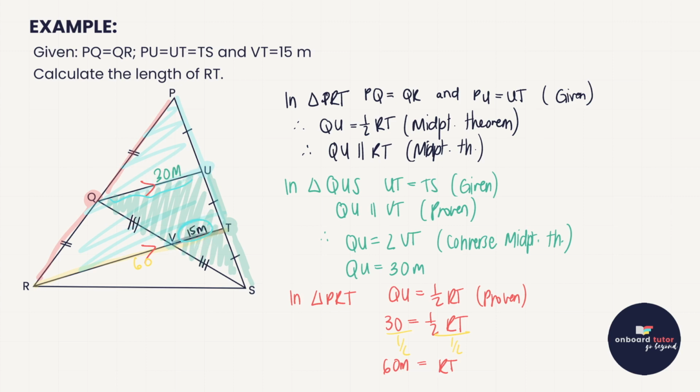VT was half as long as QU. So the key is to just keep looking for midpoints. There's a reason why they gave us all of these equal sides. Use it to your advantage, and the more you practice, the better you will get at these types of questions. So practice, practice, practice.